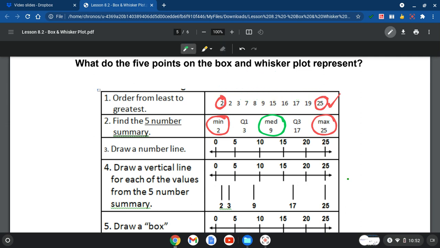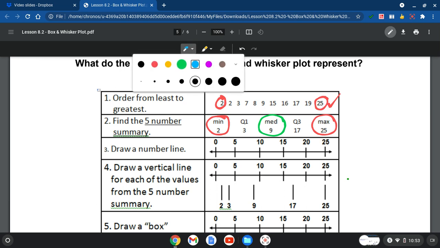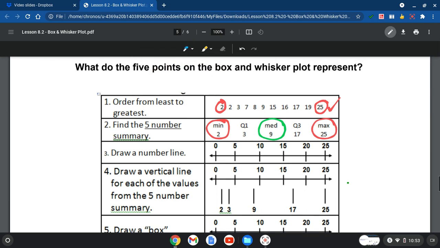Let's now split our data in half, where the 9 is, to find the bottom half and the top half. Your lower quartile, your first quartile, if we do the rainbow method, would be 3.